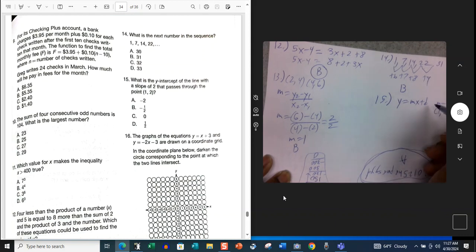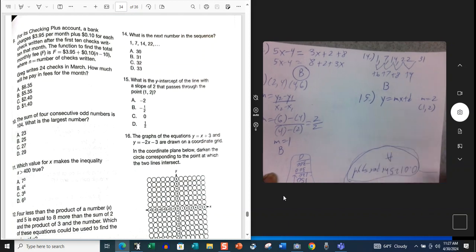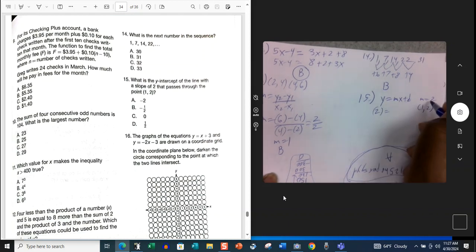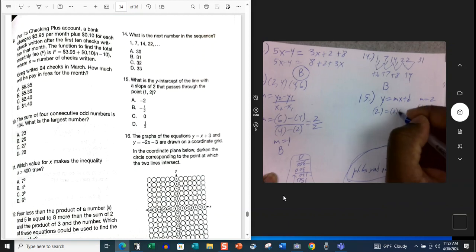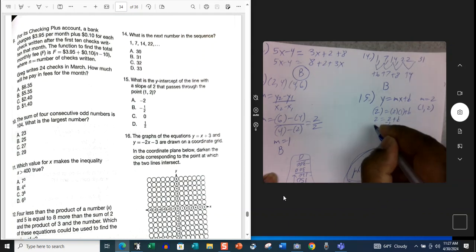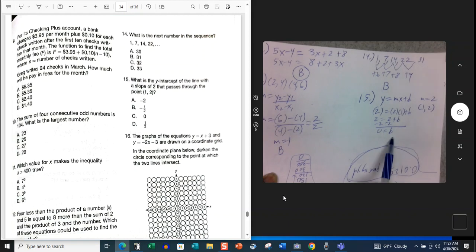And remember, the y-intercept is what b is equal to. So we'll put in 2 for y, the slope is 2, and then x is 1. So we have 2 is equal to 2 plus b, subtract 2 on both sides, and 0 is equal to b. So our y-intercept is 0, so it'll be c.